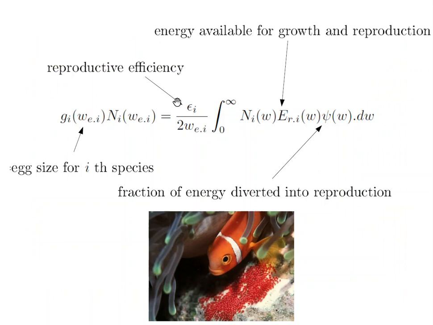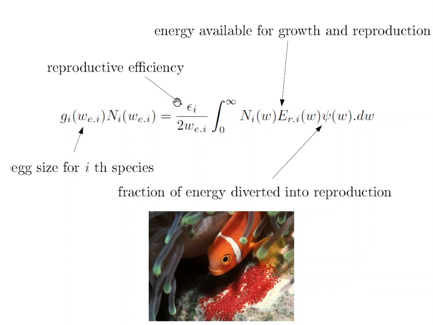To work out how much reproduction is occurring, what we do basically is add up over all the fish of a given species and weight by how much energy they're putting into reproduction.